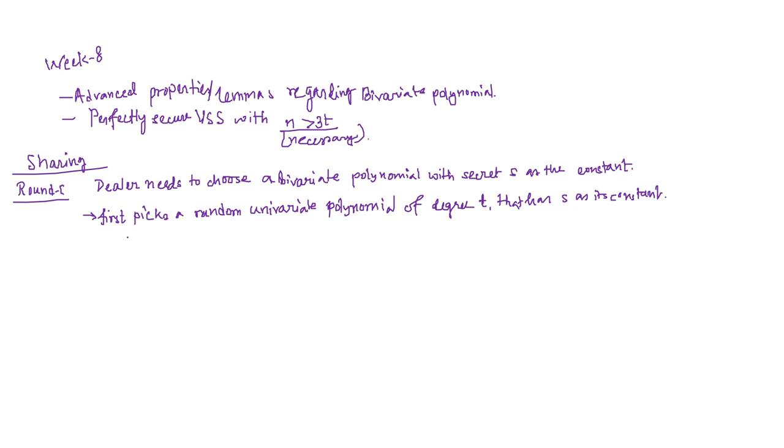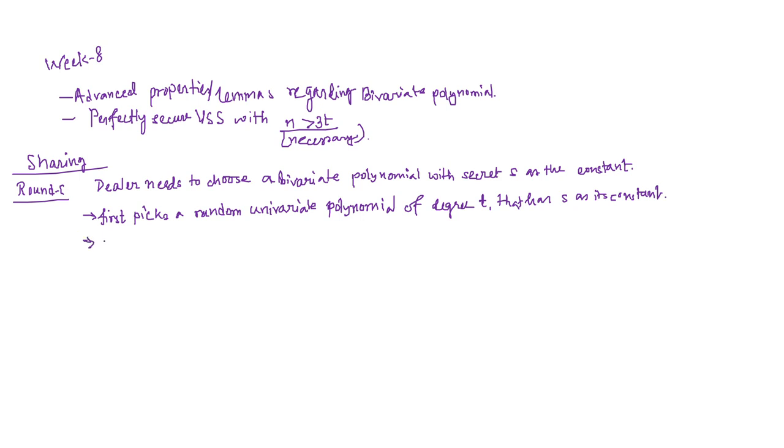This is similar to the standard Shamir secret sharing scheme, where to share the secret in a t-corruption setting, you choose a degree t univariate polynomial with the constant term as the secret. That's okay. But now we finally want to get a bivariate polynomial.